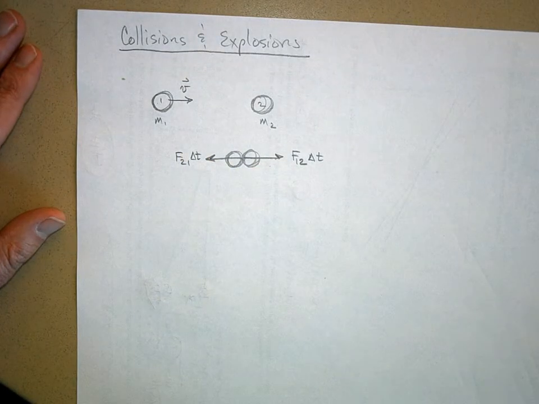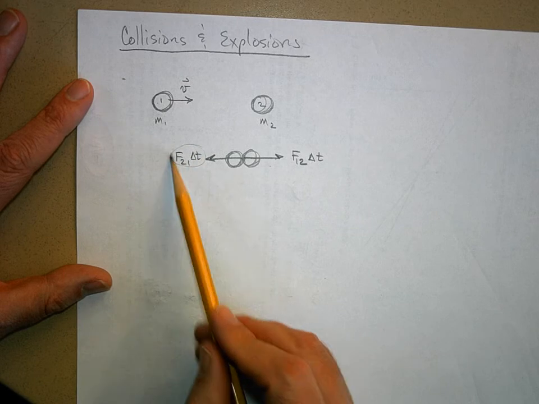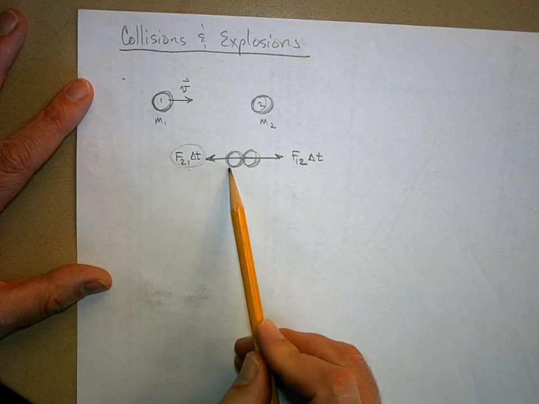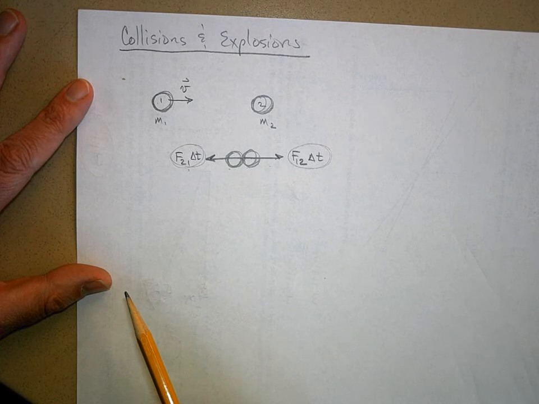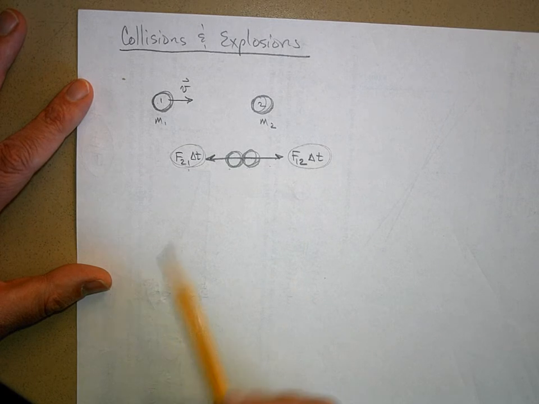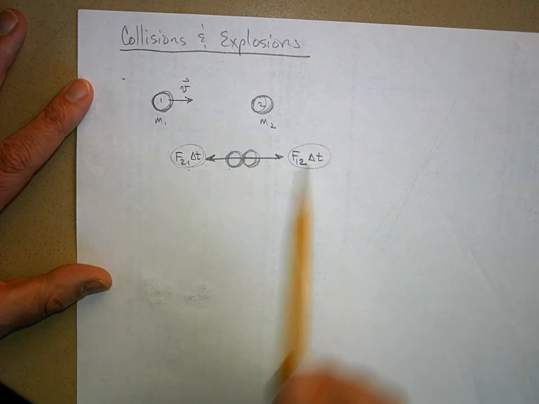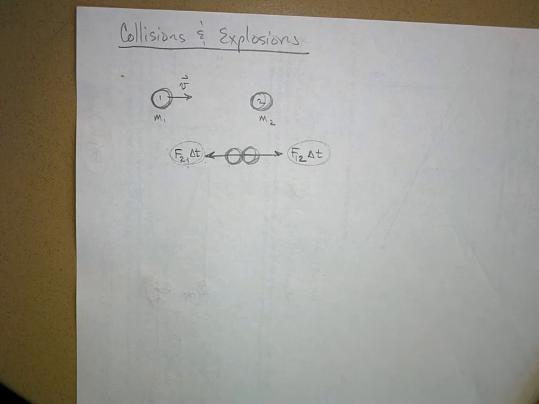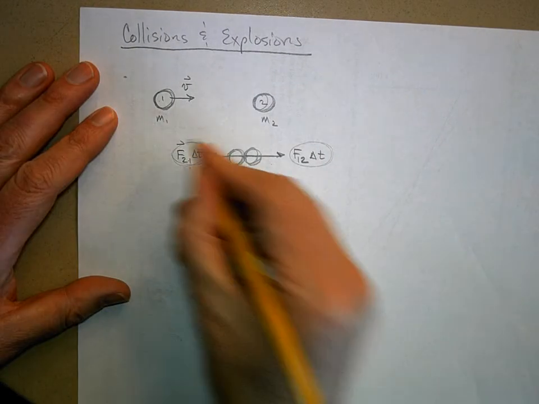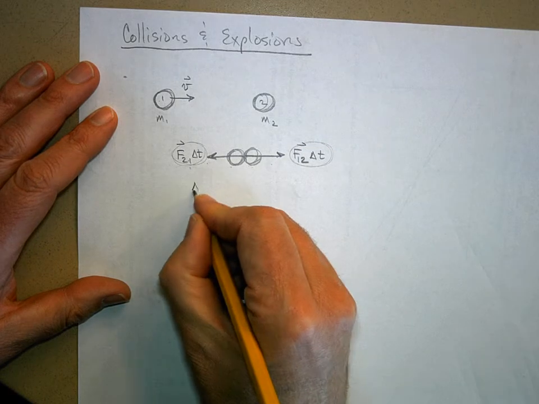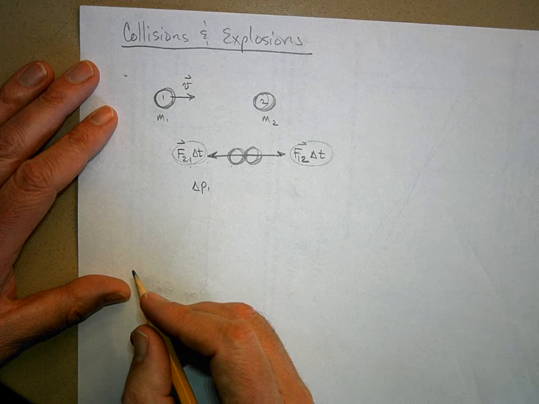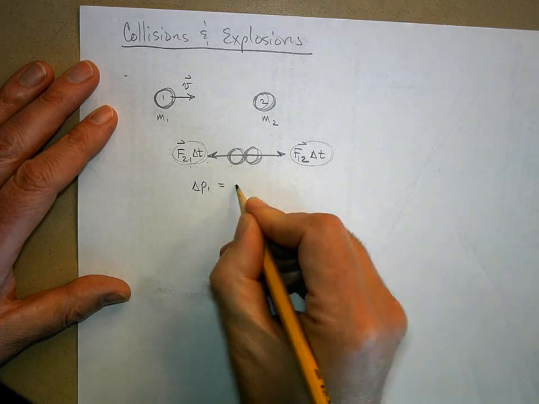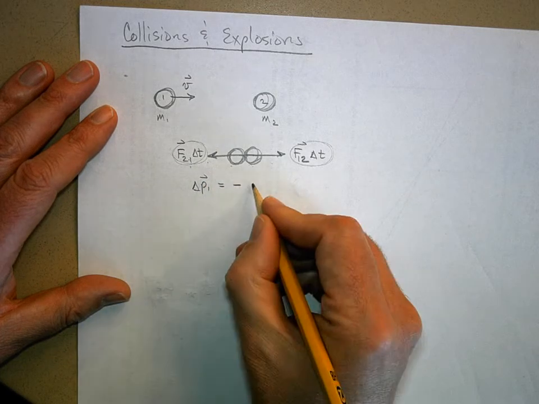So we can multiply that force by the time that those forces are applied. And what we see is that here's the impulse on object 1 and here's the impulse on object 2. And those impulses are equal to each other because the forces are equal and the times are equal, but they are in opposite directions. Which means that the change in momentum of object 1 is equal but in the opposite direction as the change in momentum of object 2.